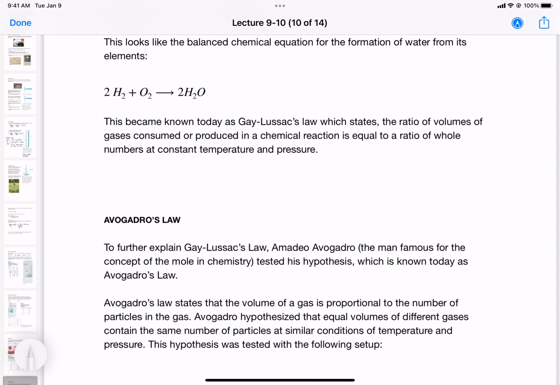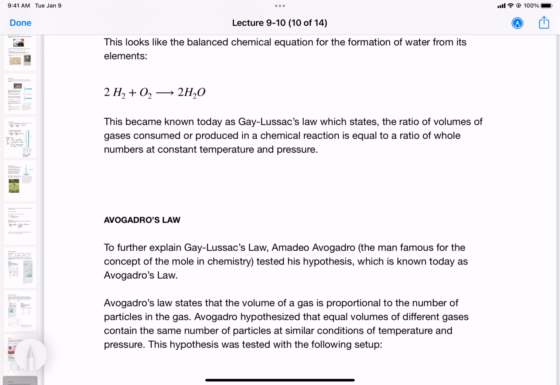So like 2 liters of hydrogen must contain the same number of particles as 2 grams of hydrogen molecules, okay? But more generally speaking, he was trying to say that the volume of a gas is proportional to the number of particles in a gas.